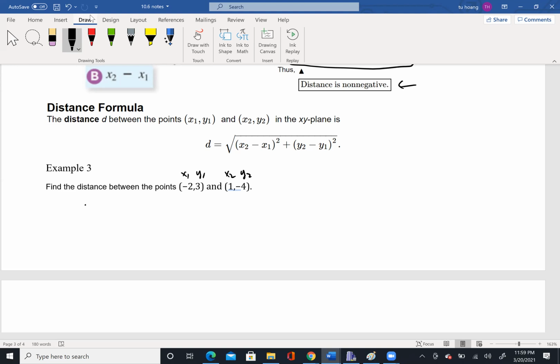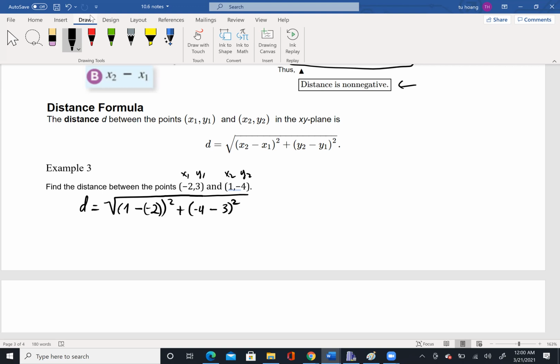So the distance using the formula: x2 minus x1, x2 was 1 minus -2, squared, plus y2 minus y1 squared. So y2 was -4, and minus y1 was 3, squared.